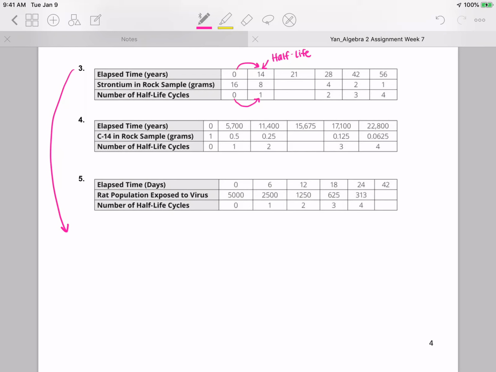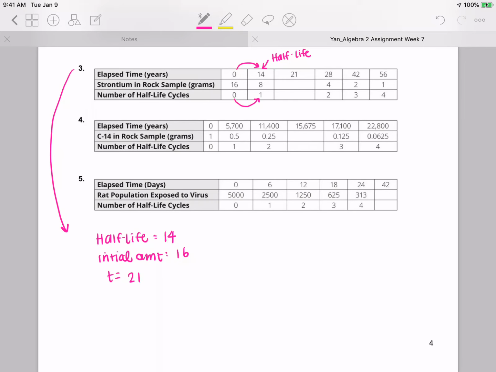What's that number in years that has gone by already? In our case, it's 14. So let's write down some important information. Half-life is 14. What is our initial amount? Our initial amount starts from 0, which is 16. And T is 21. Okay, that's for later use.